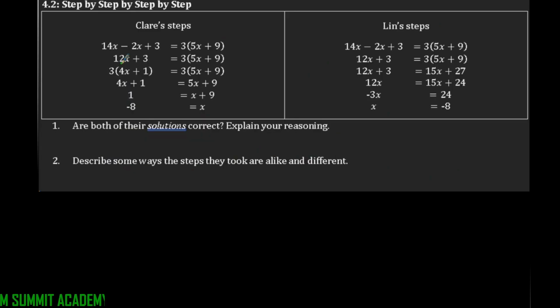Then in the next part, it says step by step. It has two different people's steps on how to solve this equation. And if you notice, both of their answers are -8. So maybe they're both on the right track, but it says, are both solutions correct?